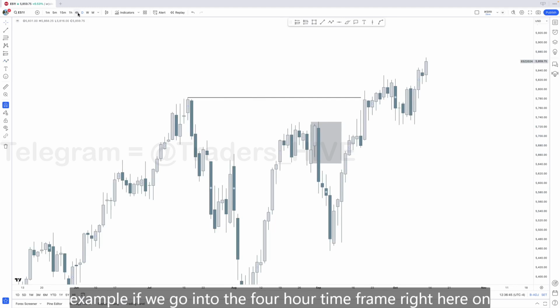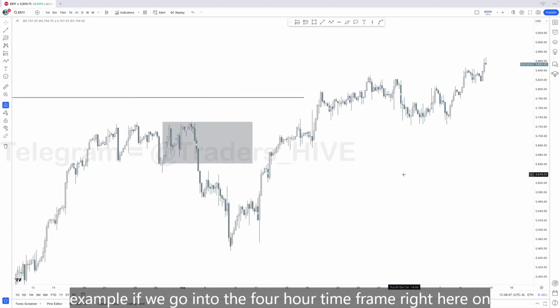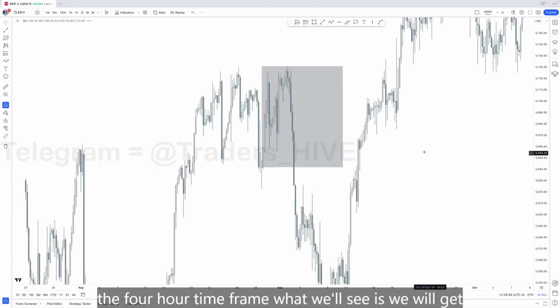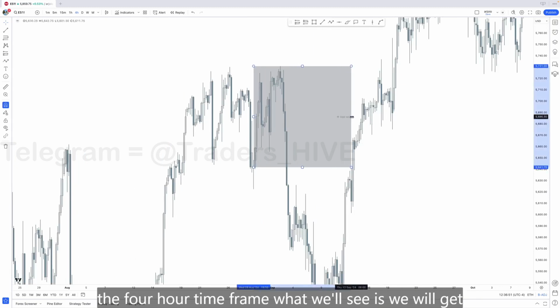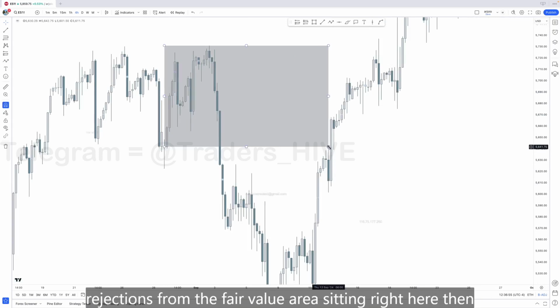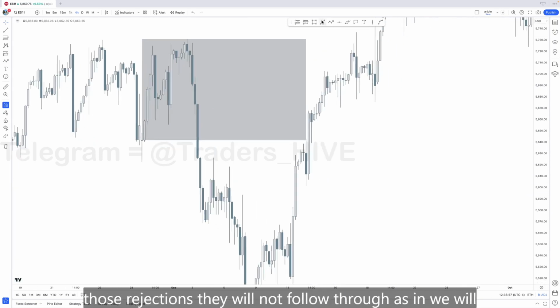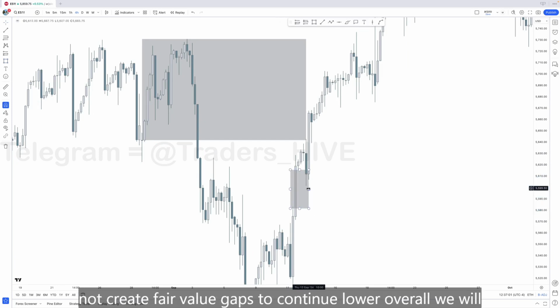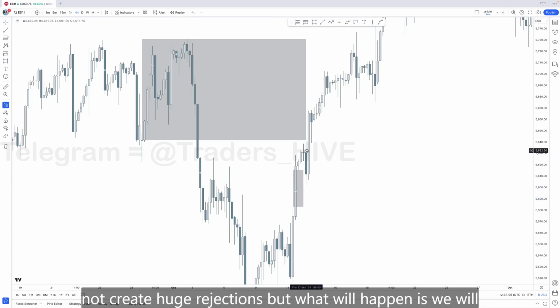So for example, if we go into the 4-hour time frame right here, what we'll see is we will get rejections from the fair value area sitting right here. Then those rejections will not follow through, as in we will not create fair value gaps to continue lower overall. We will not create huge rejections.